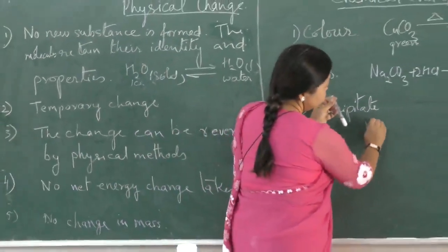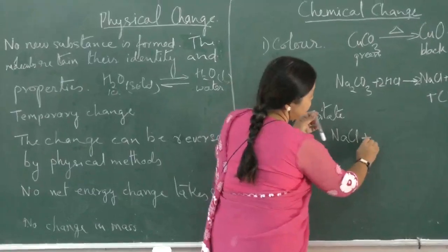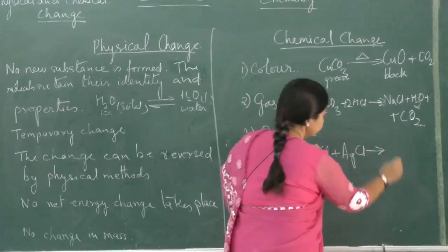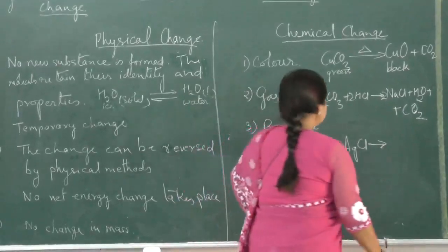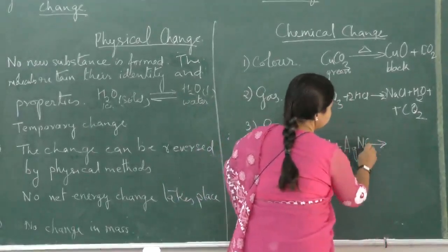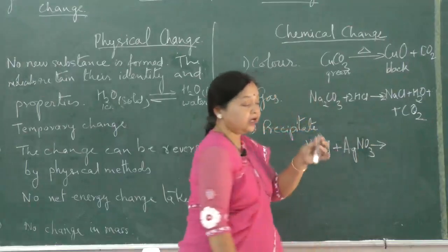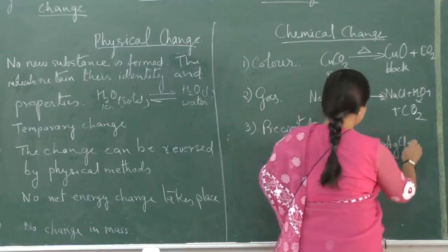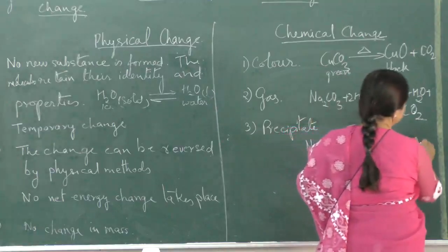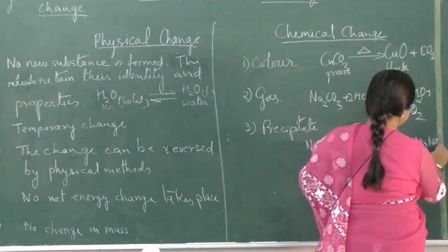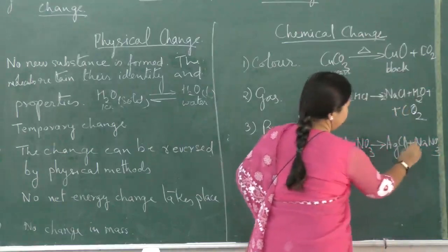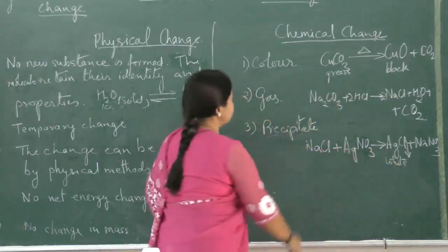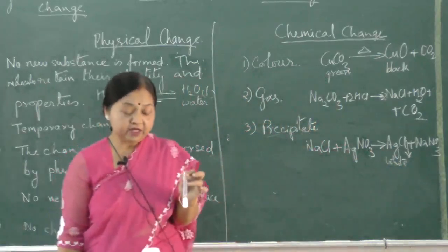I took sodium chloride and added silver nitrate, and I got a white precipitate of silver chloride, and of course sodium nitrate, which is soluble in the solution. So precipitate formation is another characteristic of a chemical reaction.